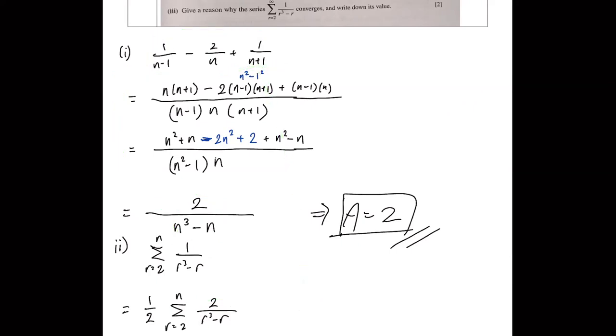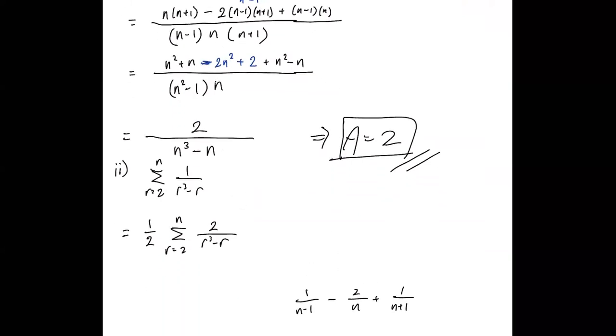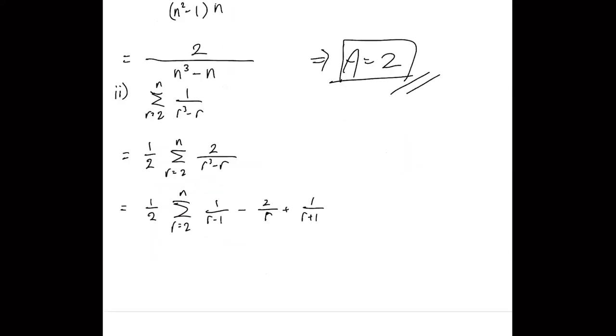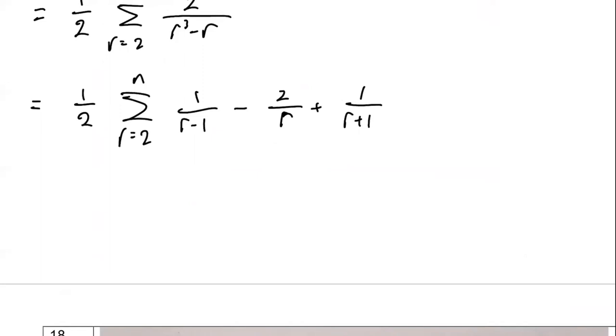So I'll just do that. Let me change the n to r first. Then I substitute in, and then I take a summation from r equals 2 to n times half in front. Now, you can continue simplifying this, but it's really just method of difference.